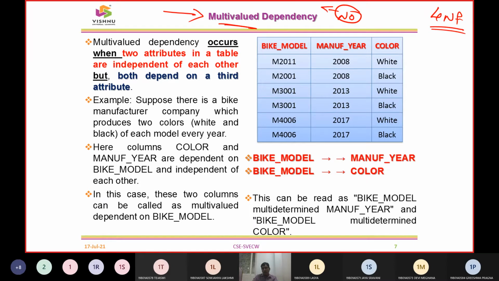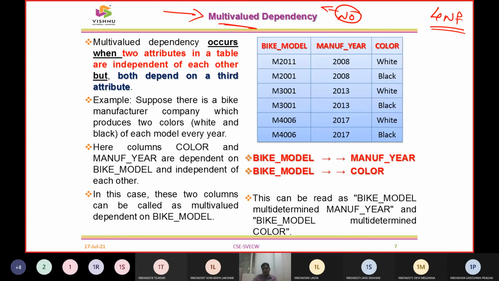So if there are no multi-valued dependencies, then the model is going to fit into the fourth normal form. So what was this multi-valued dependency? Let us observe first, so we can check how it is going to be affected and how it is going to be eliminated.